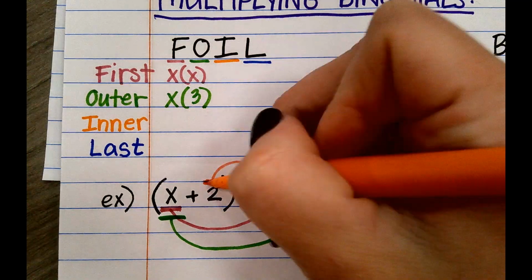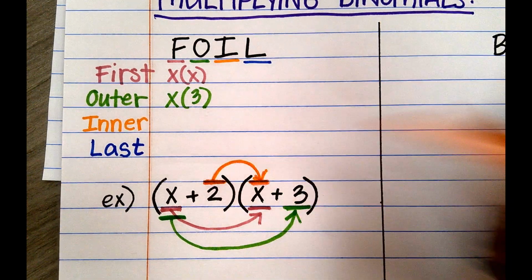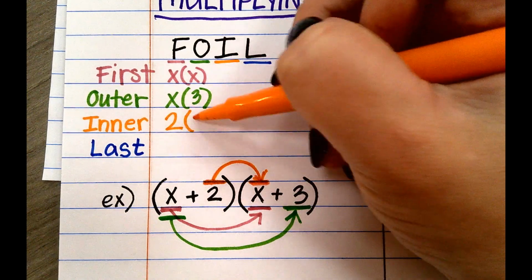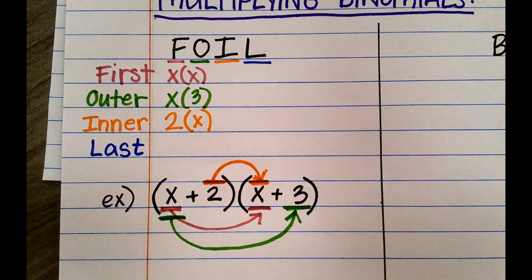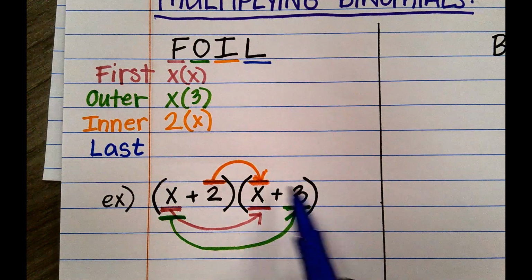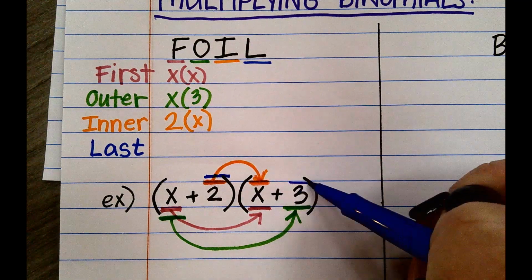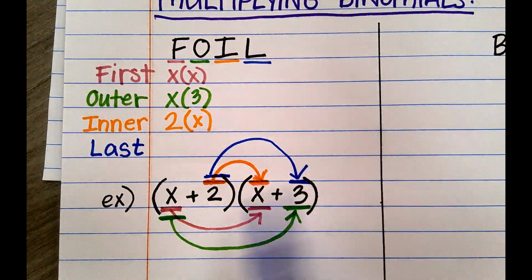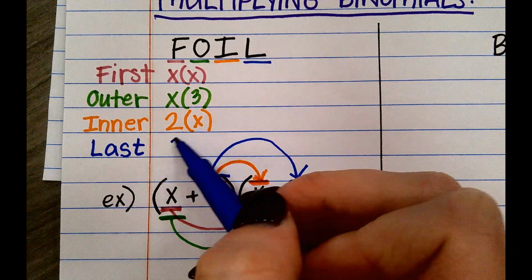I thought that looked weird. 2 times x. And my last terms. 2 is the last term of this one. 3, good, is the last term of the next one. So 2 times 3. Yes.